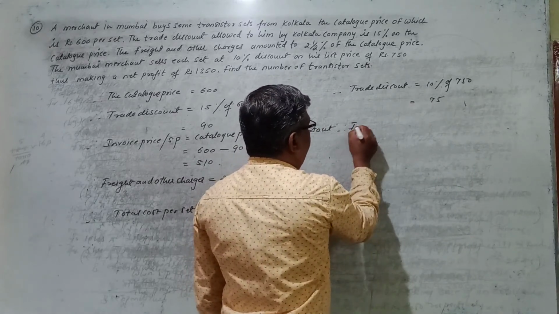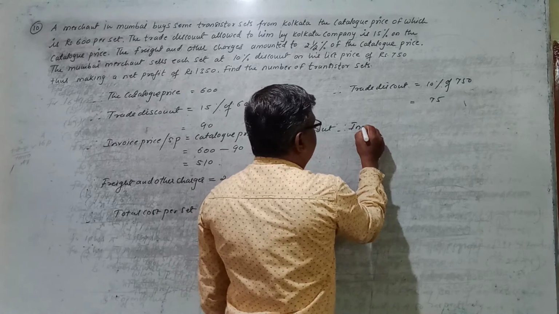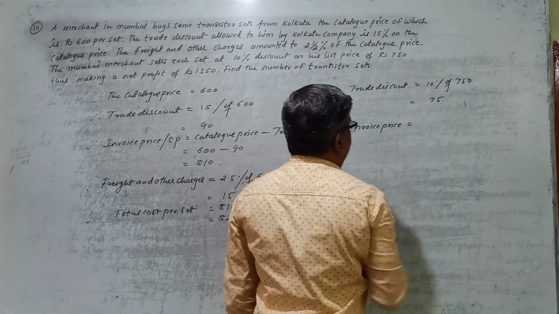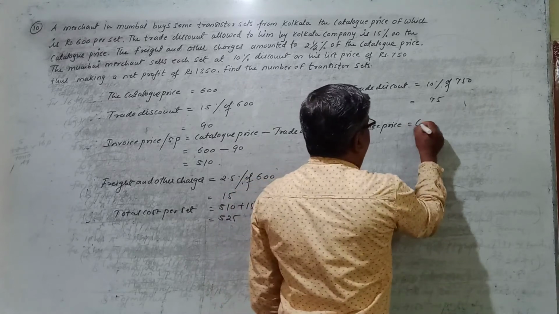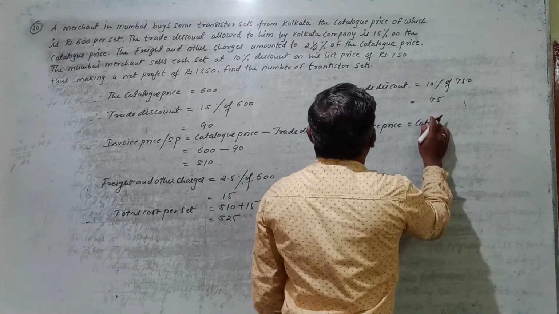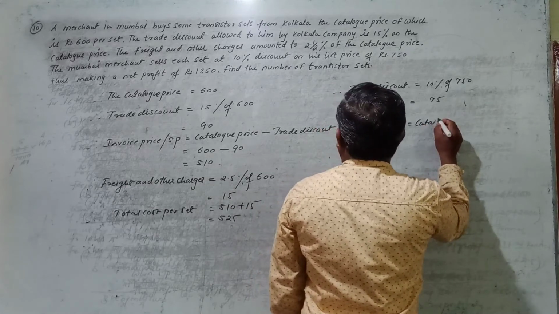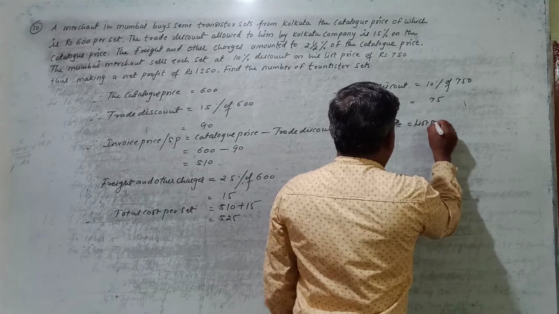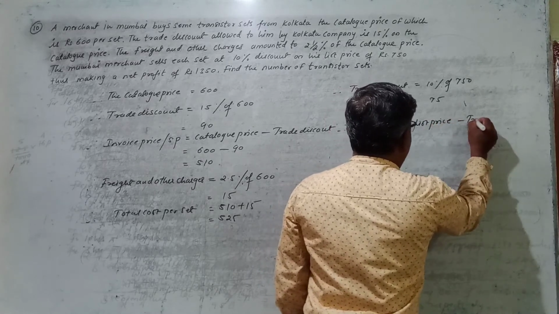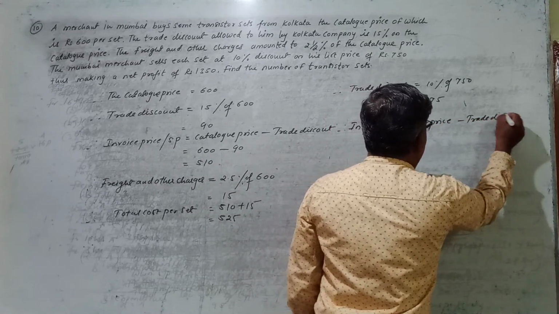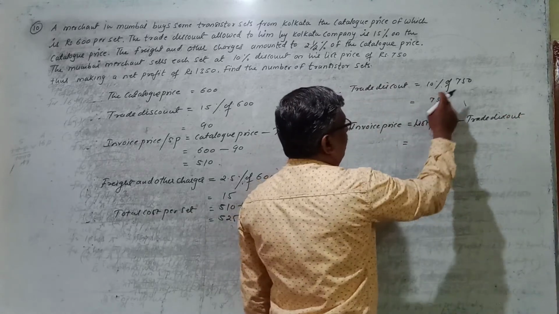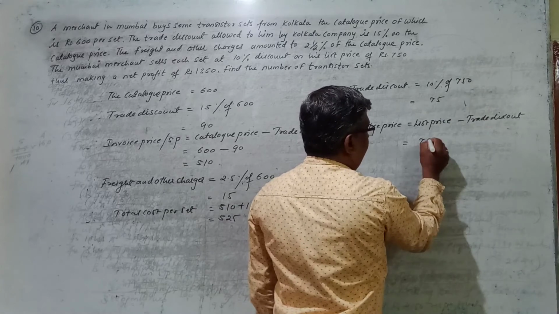So if he is giving 75 rupees discount, find out at what price he is selling. Means what you have to find? You have to find out the invoice price. So invoice price is nothing but catalog price, or you can write list price, minus trade discount. What is the list price of the Mumbai merchant? 750 rupees.